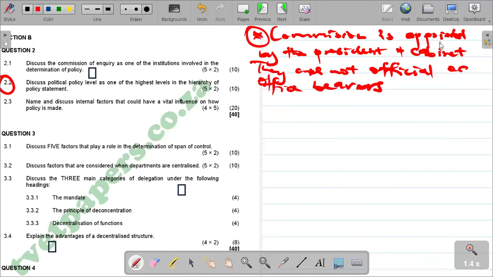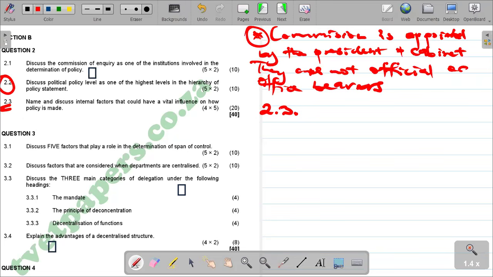So class, question 2.3. Name and discuss internal factors that have a vital influence on how policy is made.